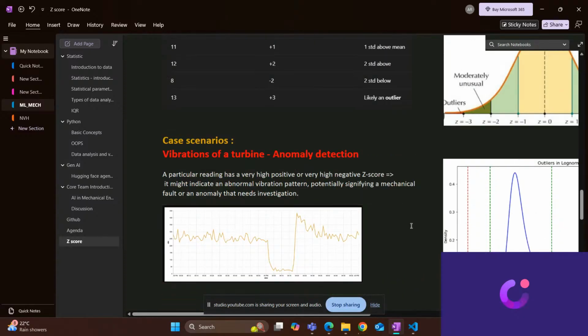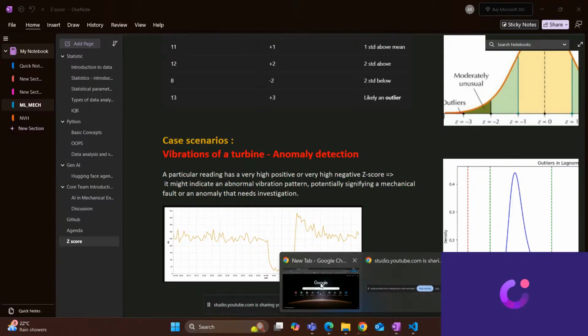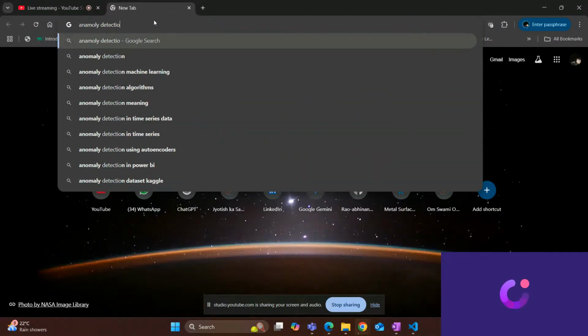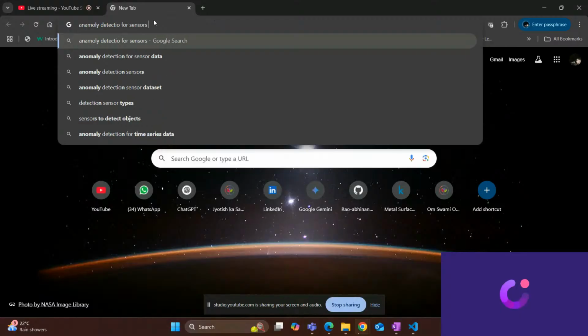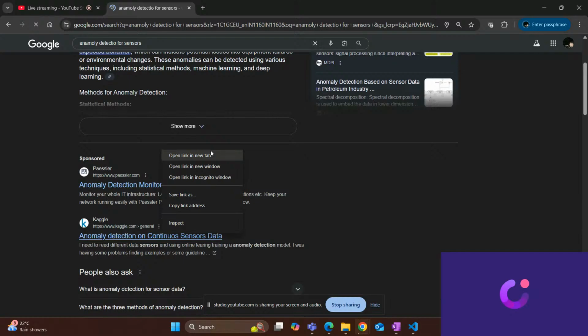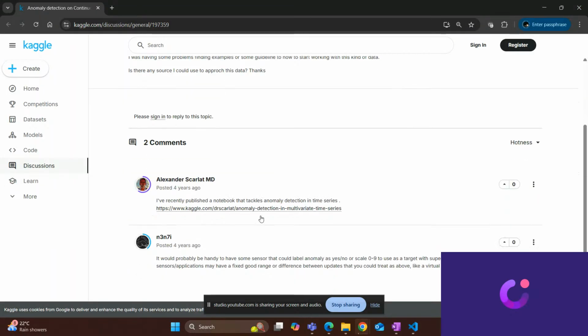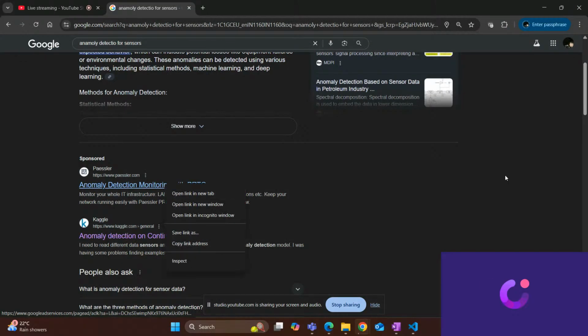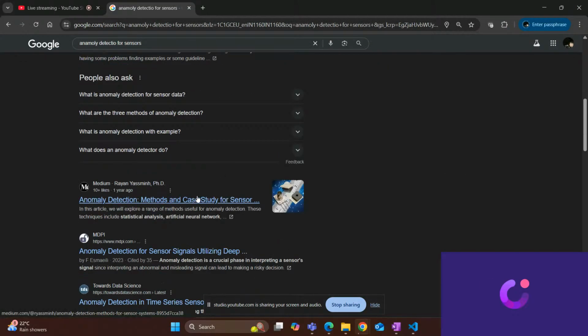If you go and check anomaly detection, I think you can see here, continuous sensor data. You can just sign in and check the data sets. You'll have that.